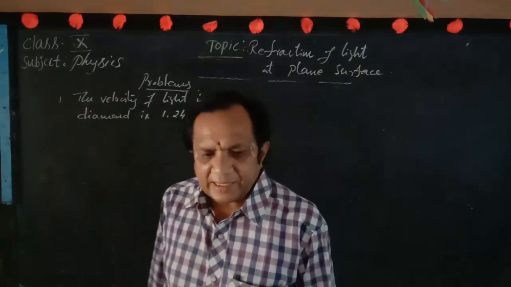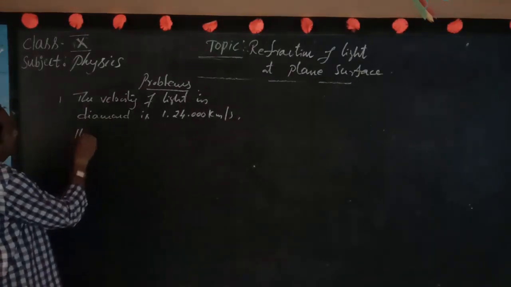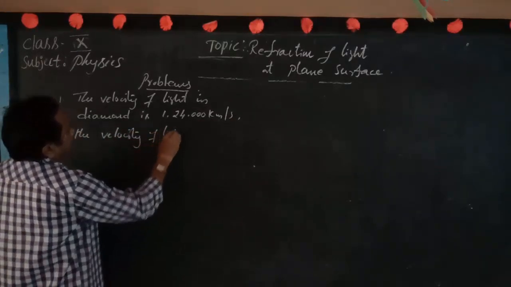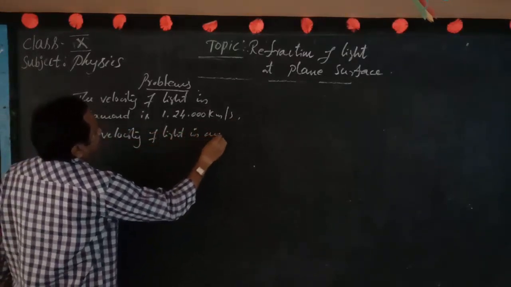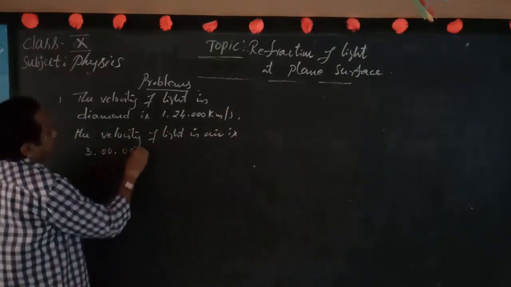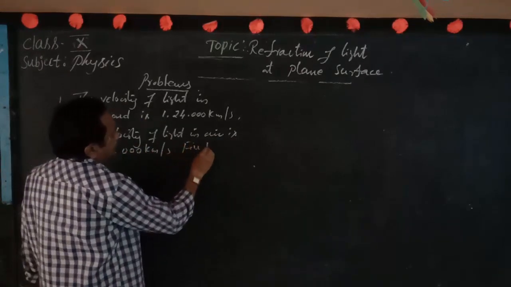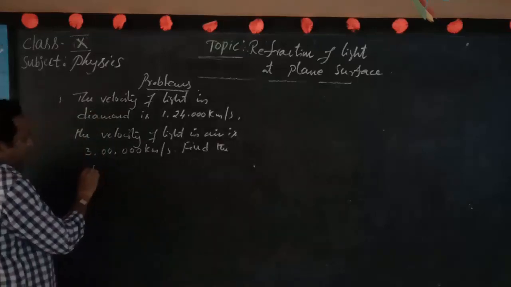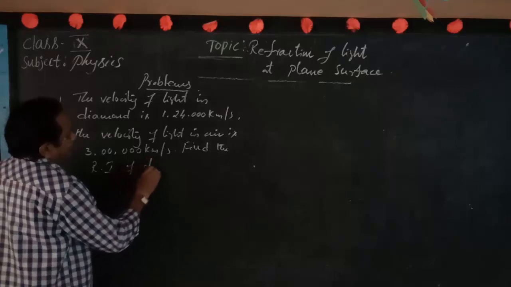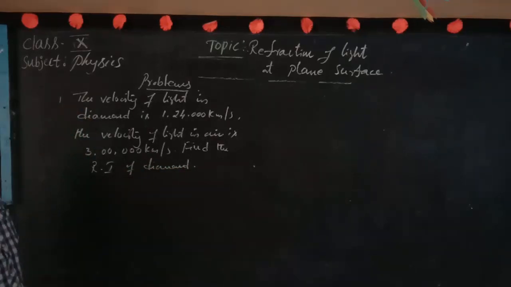The velocity of light in air is 3 lakh km per second. Find the refractive index of diamond. So find the refractive index of the diamond. So this is the question.